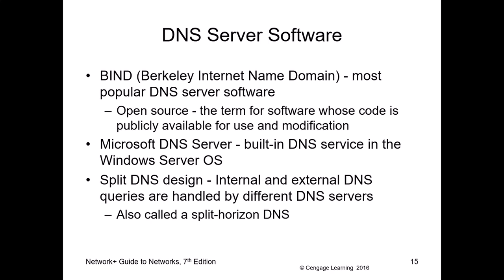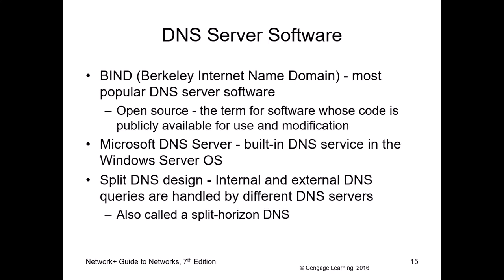Okay, BIND is the most popular DNS server software. It's open source, and the code is publicly available to everyone. With Microsoft you can create a DNS server, and we can easily do that. It's very simple to do. And Cisco allows us to do that on their routers.